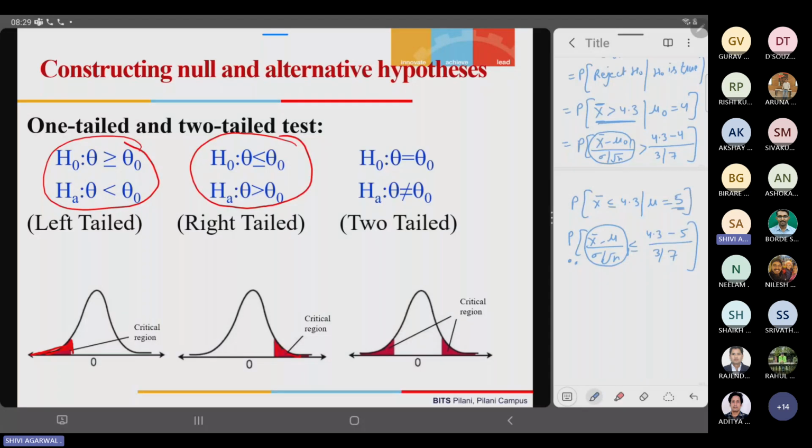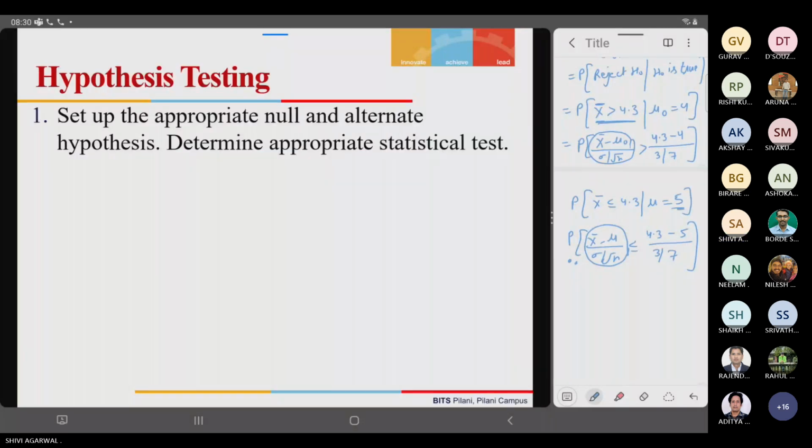For the two tail problem, when theta is not equal to theta naught, the rejection region is on both sides, left and right. Since there are two tails where we get the rejection region, this test is known as the two tail test. That part we have already done, and this we are doing just in brief.